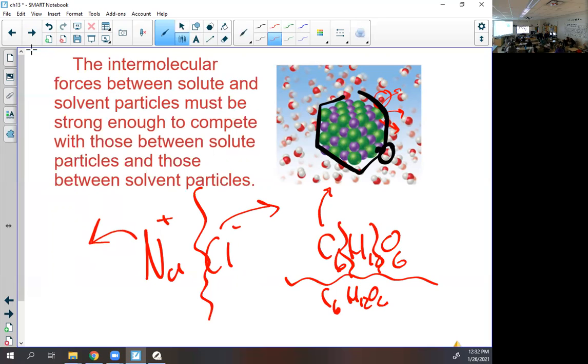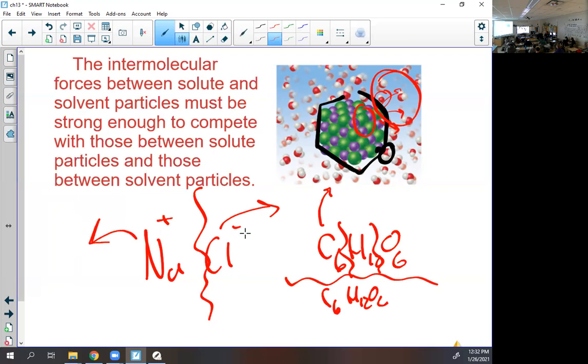But it's just saying in order for something to actually dissolve, the solvent has to be more attracted to the solute than it is to itself. And it doesn't have to be a one-to-one ratio. It's like water, the power there is it takes a few water particles to attract and separate it.